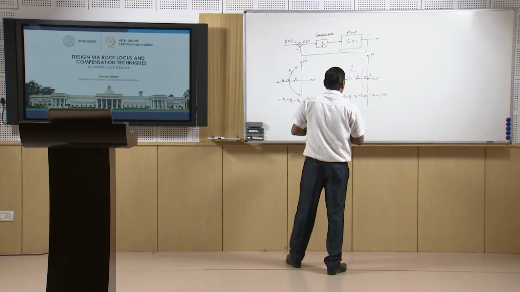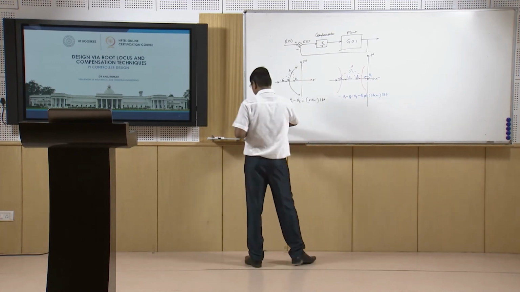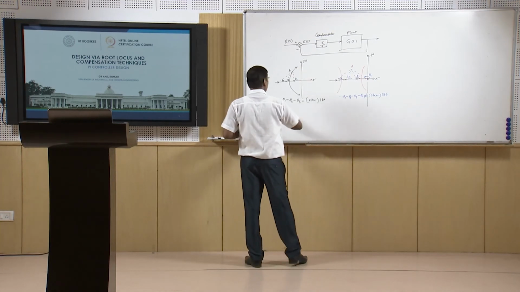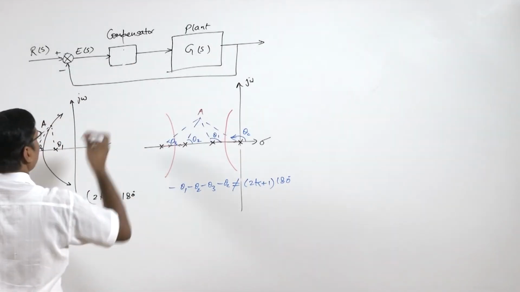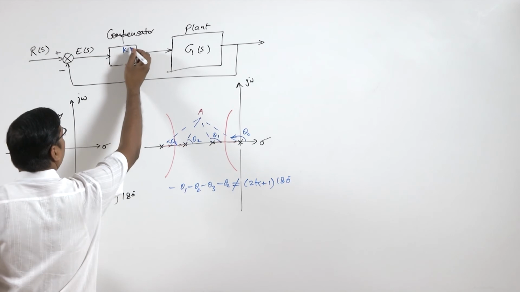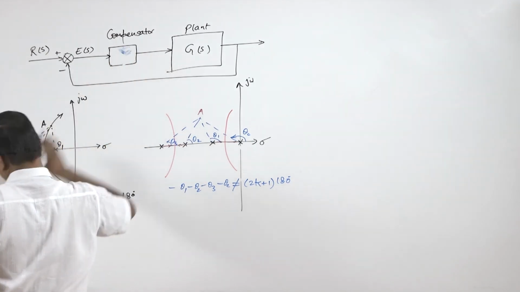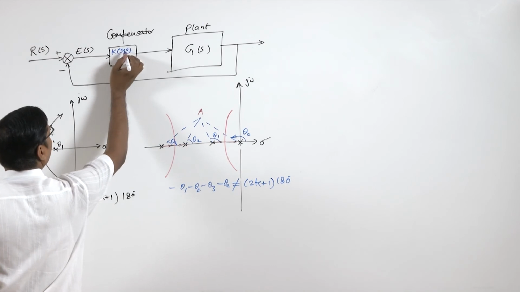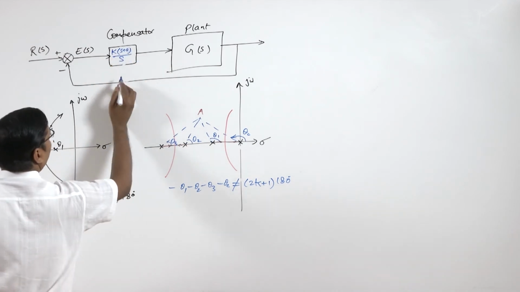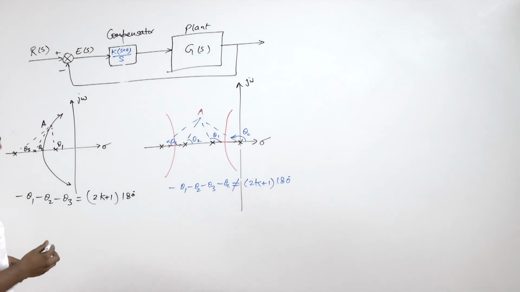So here, if we add a 0, if we change this to K(s plus a), we are going to add a 0 that is at minus a.